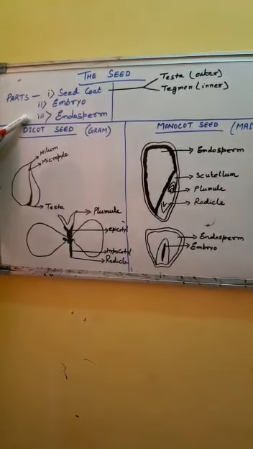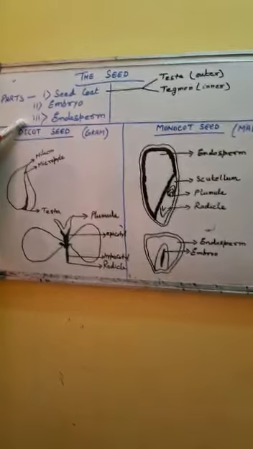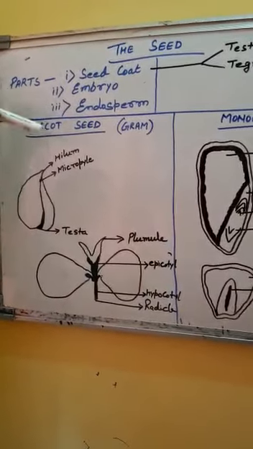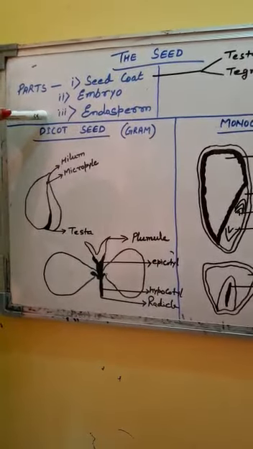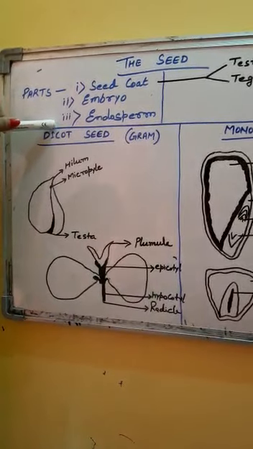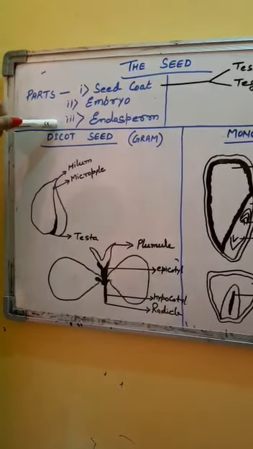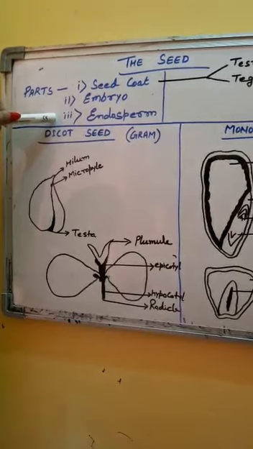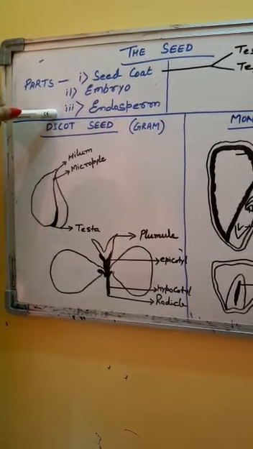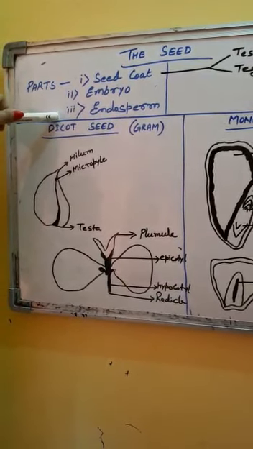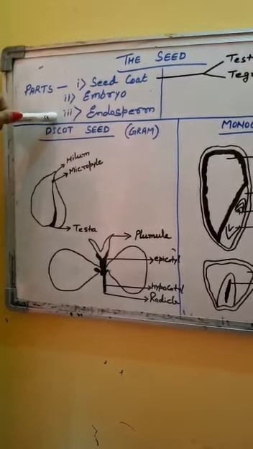The third part of the seed is called the endosperm. Endosperm is a tissue filled with food. In some dicot seeds, it is present till maturity and such seeds are called endospermic seeds.